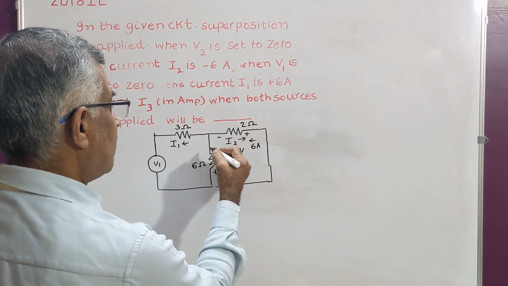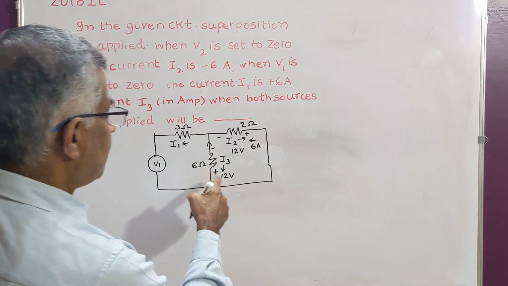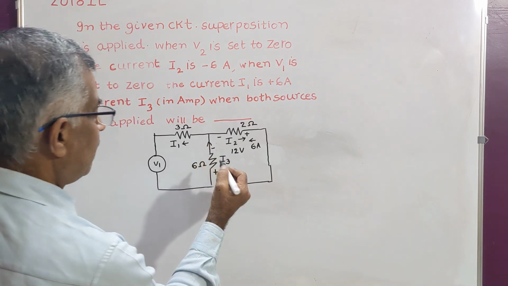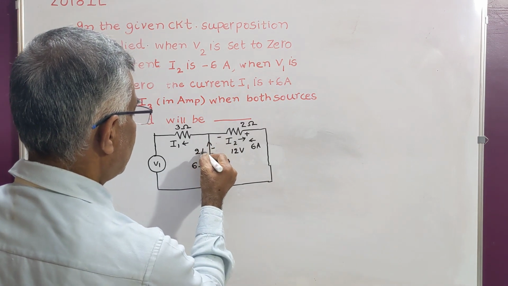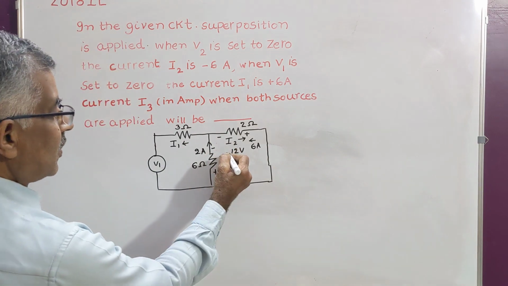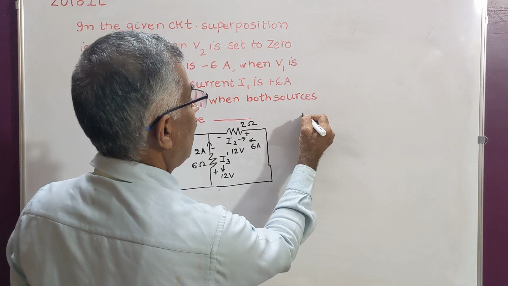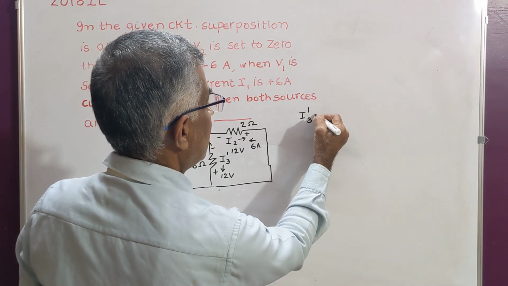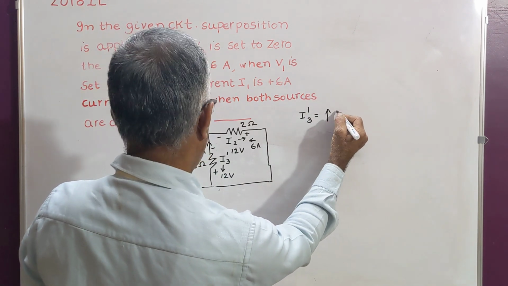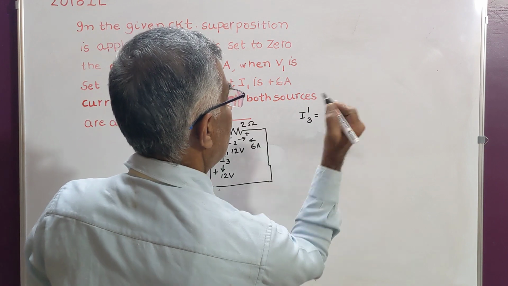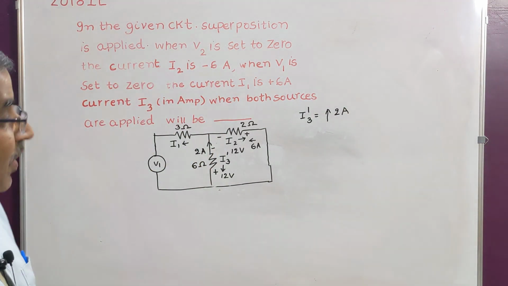What is the current here? The current is 12 divided by 6, that is 2 amperes. Now I will call this current I3 dash, because this is superposition theorem. Therefore I3 dash is equal to 2 amperes in this direction.